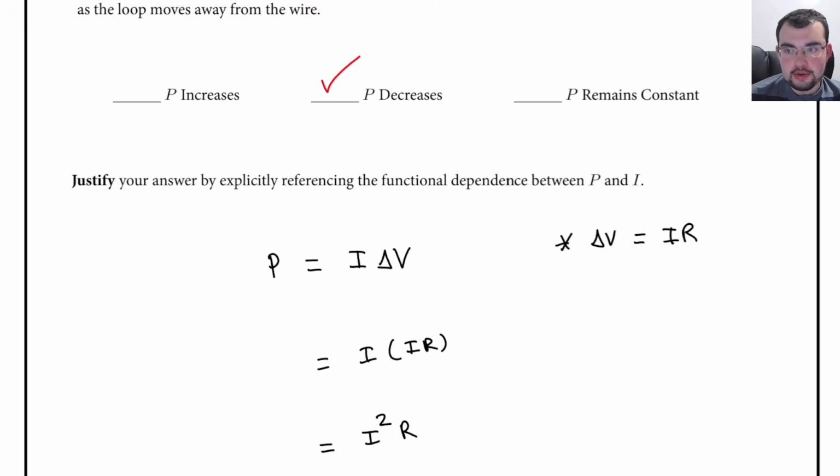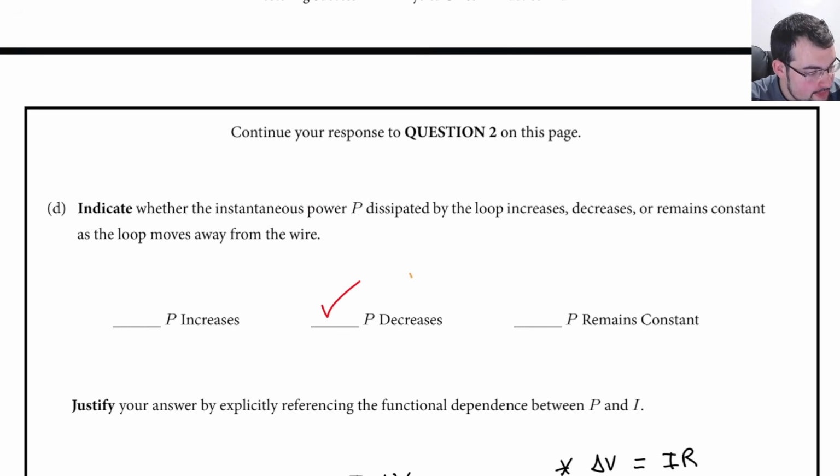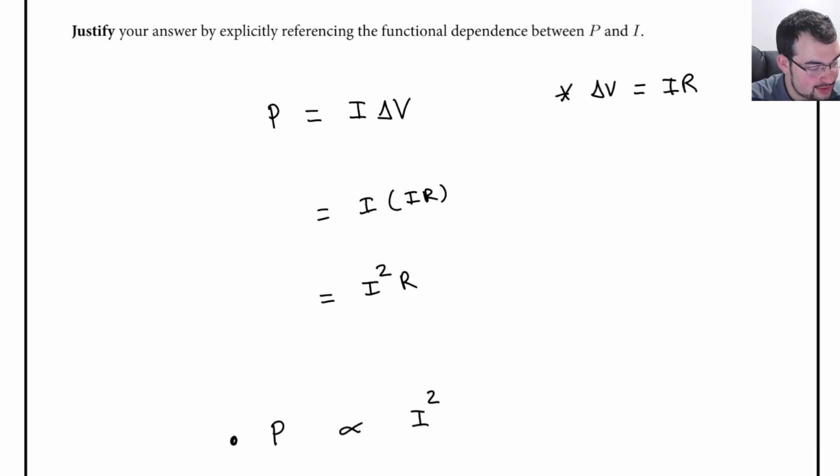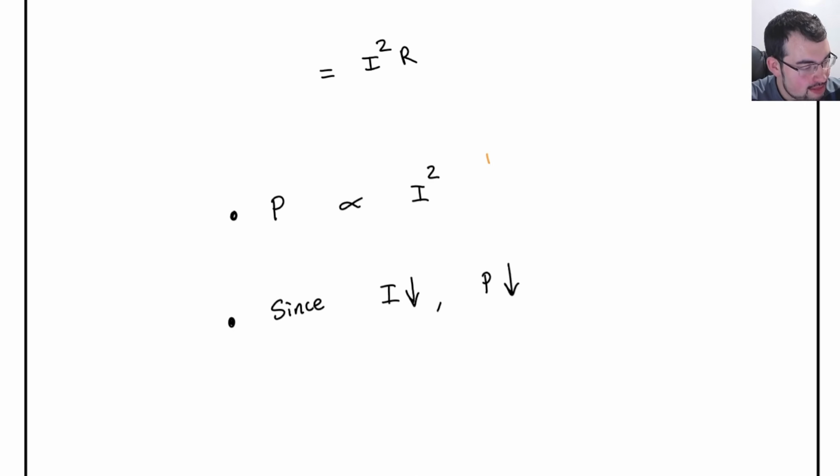So to get D2, you actually just needed to say the correct functional dependence. So for D2, you had to say that power is not proportional to I. You had to say the square, or you could do the workaround of like power is proportional to current and voltage, but current is also proportional to voltage. That works. And this is a really strict grading, but I know it because I graded a question that was just like this, except it asked power versus EMF, where it was the same idea.